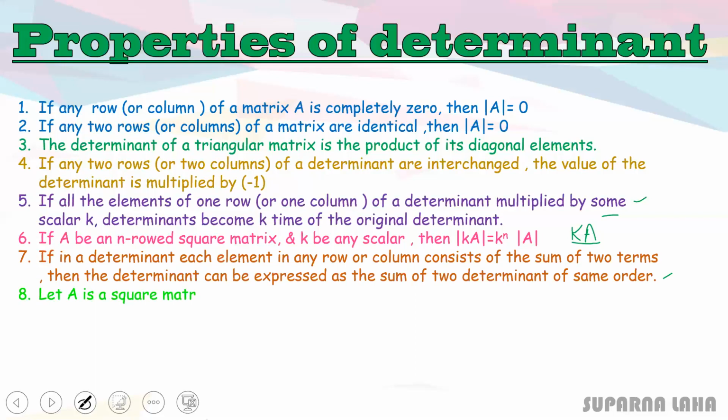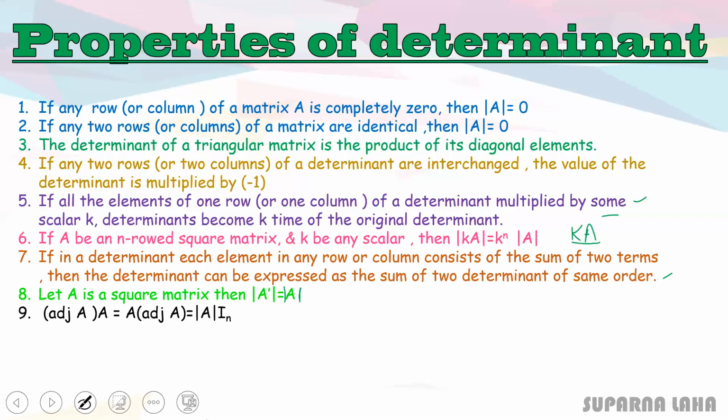Next three properties, look at these three properties. This is A transpose. The determinant of A transpose is equal to the determinant of A. And next, adjoint A into A is equal to A into adjoint A. The multiplication always gives the same matrix, and the value of this matrix is given by determinant A times the identity matrix.